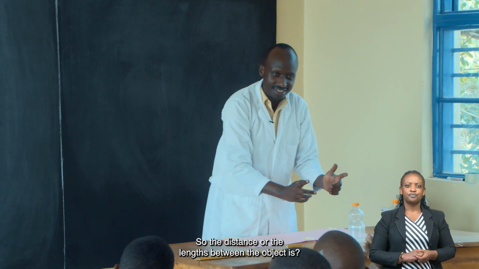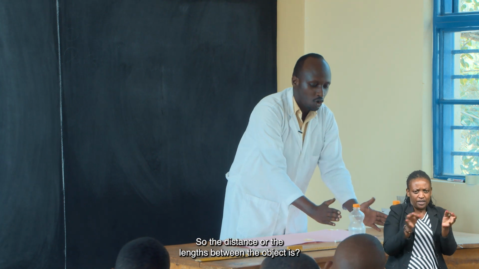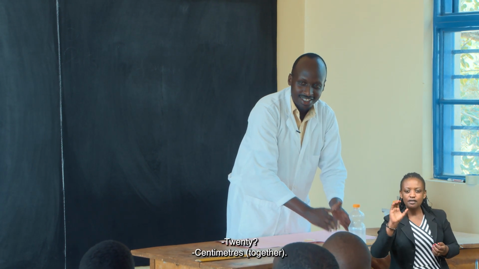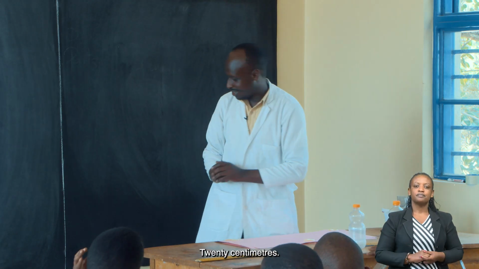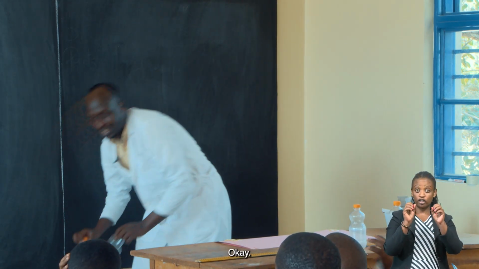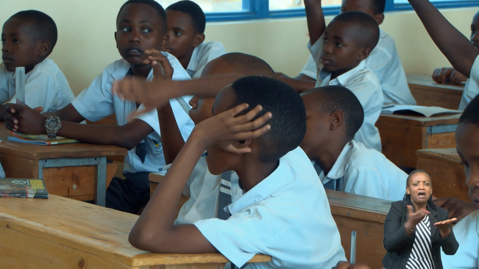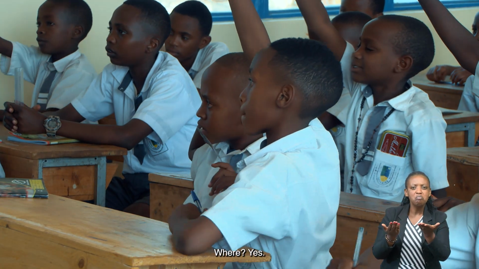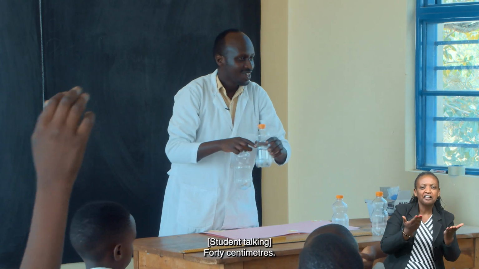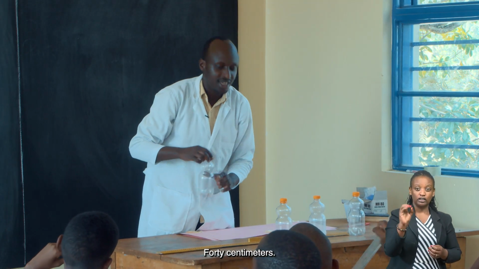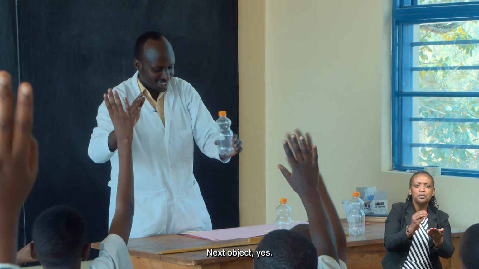So the distance or the length between the objects is 20 centimeters. Where to place the third object? Yes? 40 centimeters. 40 centimeters. Next object? Yes?